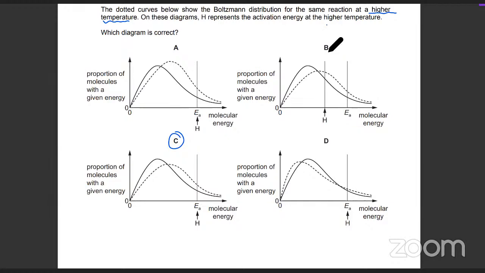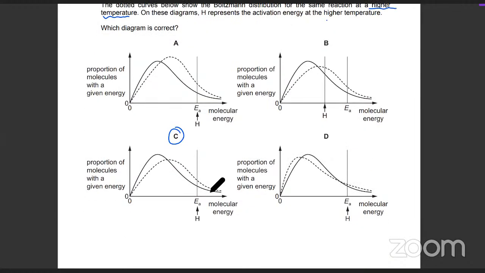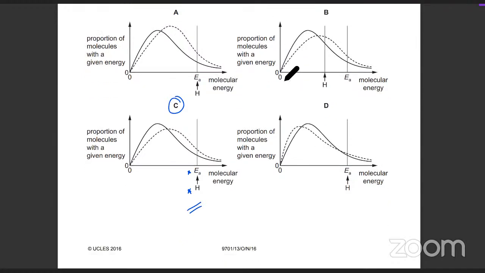The reason it can't be B is that he said that H represents the activation energy. The activation energy does not change. It's going to remain exactly the same as before. Why does it not change? Because it only changes with a catalyst. Otherwise, it's not going to change. Is that clear? Yes, sir. So that's why it's C.